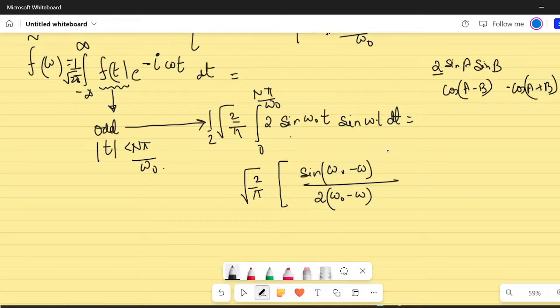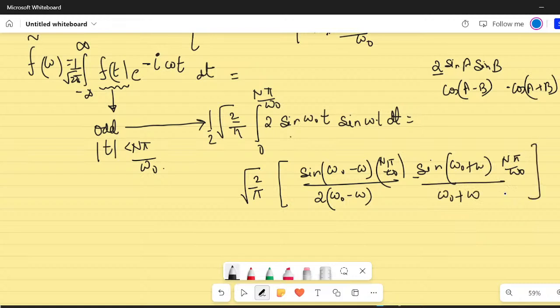So I'll only place the upper limit here: sine of omega naught minus omega times n pi upon omega naught, divided by omega naught minus omega, minus sine of omega naught plus omega times n pi upon omega naught, divided by omega naught plus omega. Okay, so this is how your Fourier transform behaves.